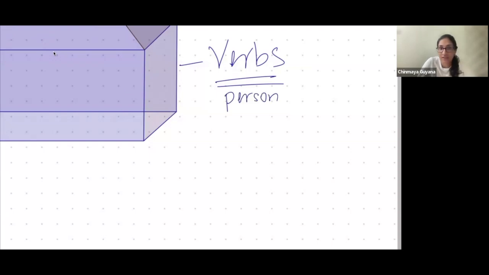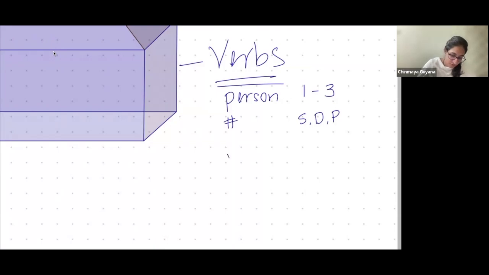Verbs don't have cases. Verbs have person. How many persons? What's the correct term for that? 1, 2, 3. Verbs also have number. So in number also we have singular, dual, and plural.